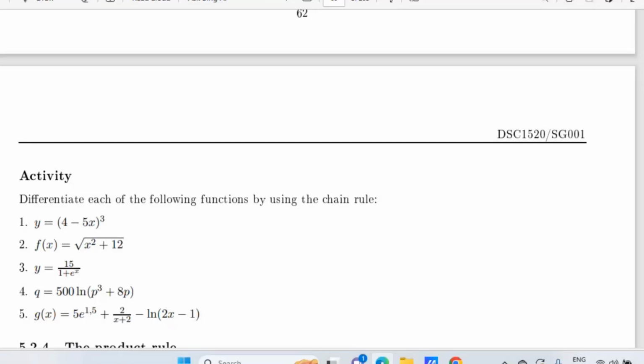I got -2 over open bracket x plus 2 close bracket to the power of 2 plus 2 over 2x minus 1.